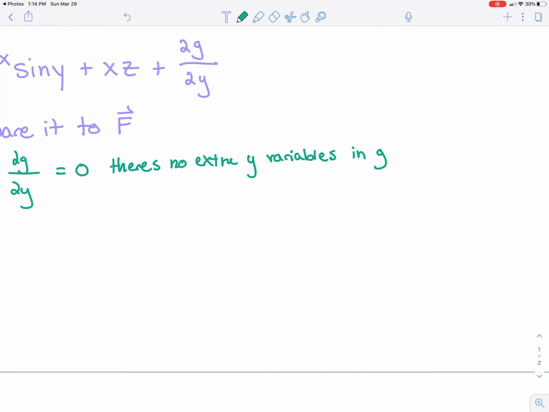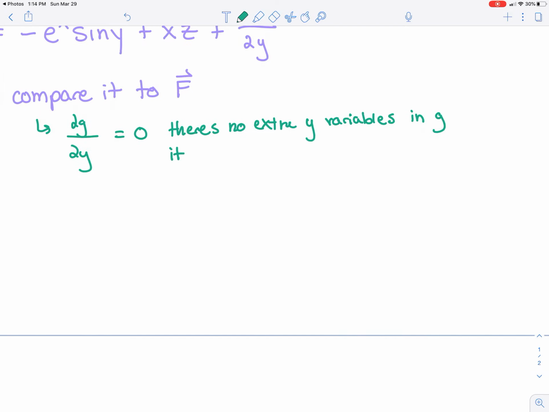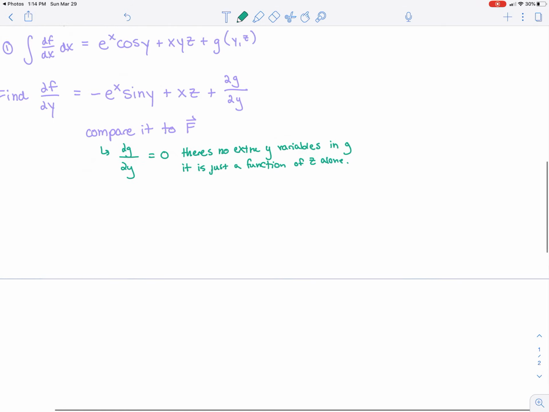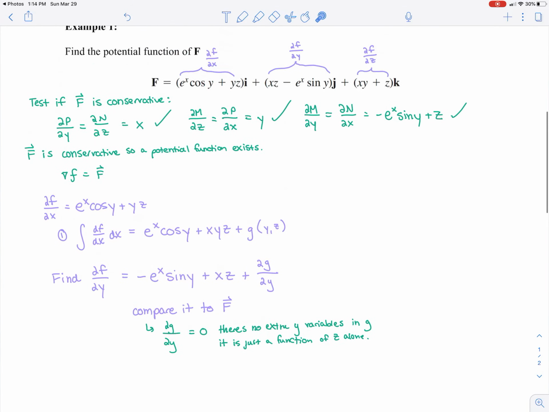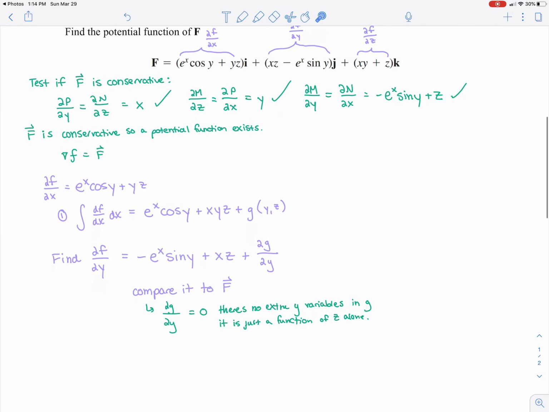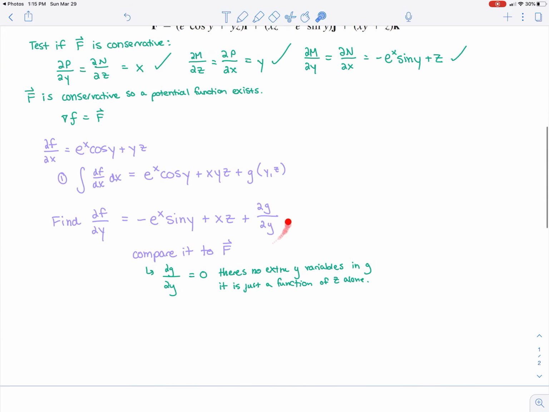So it is just a function of z alone. All right, so that's what that told us. By comparing the y partial derivative of the potential function with the vector field, we found out that the derivative with respect to y of this extra function is just 0. So there are no y's hidden in here. That's what that told us.